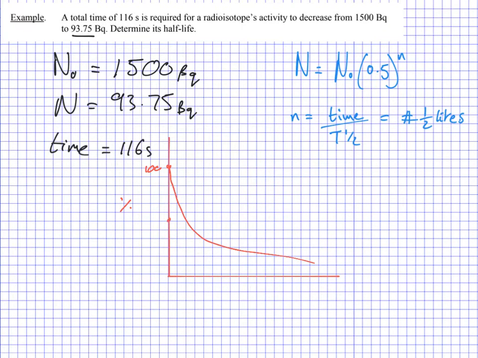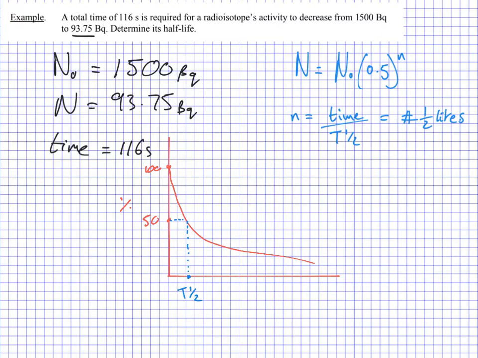And at 50%, when we have 50% of whatever we're looking at, this corresponds to the first half-life. This point here would be the half-life, the T half, when there's half of it there.